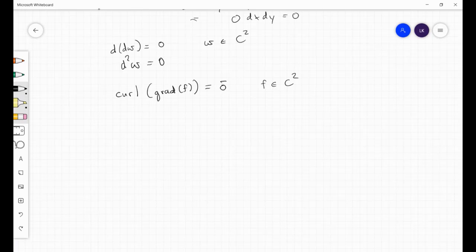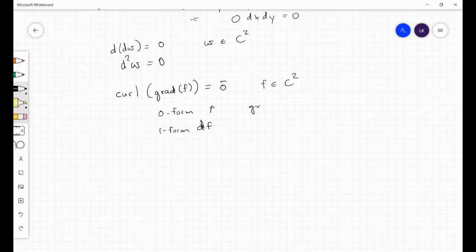Now, a real valued function is just a 0 form. The gradient is associated to a 1 form, which is the total differential, right?